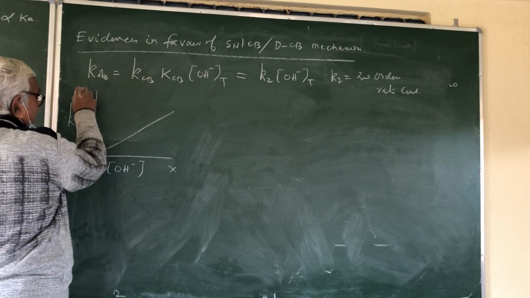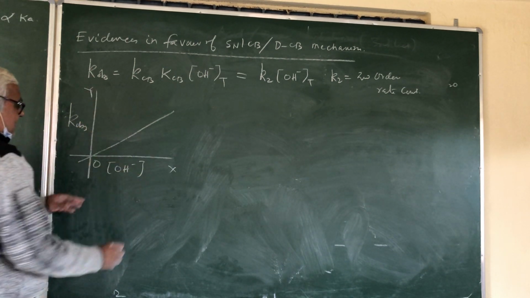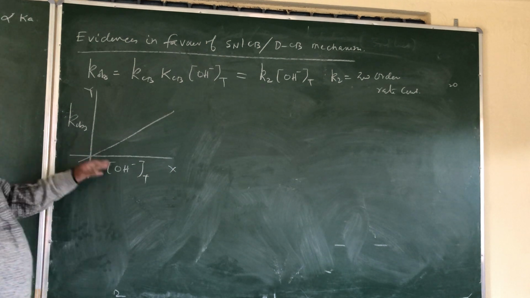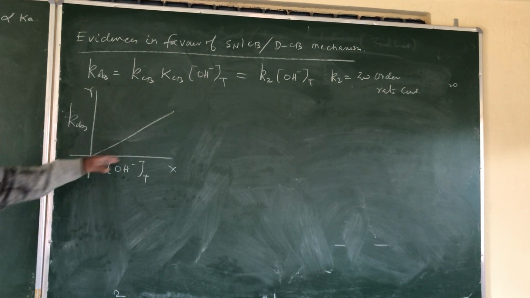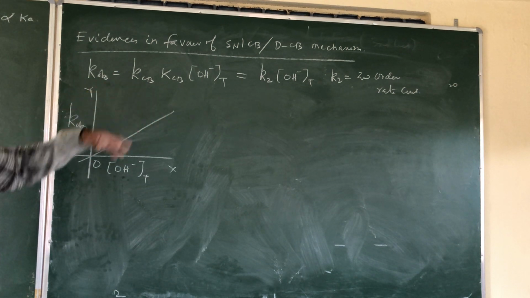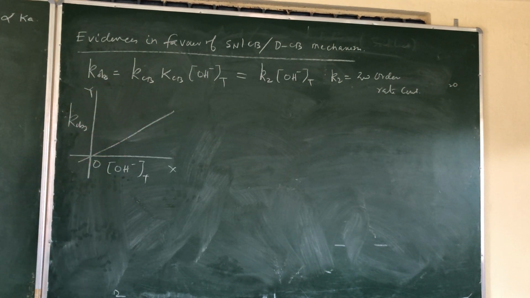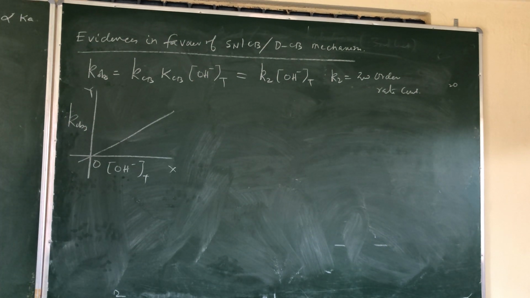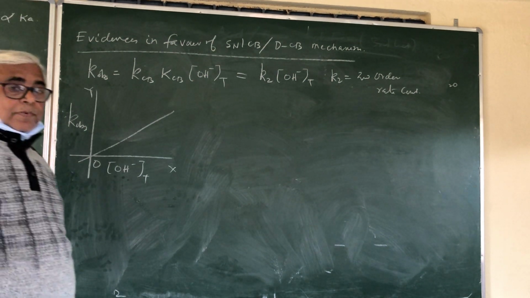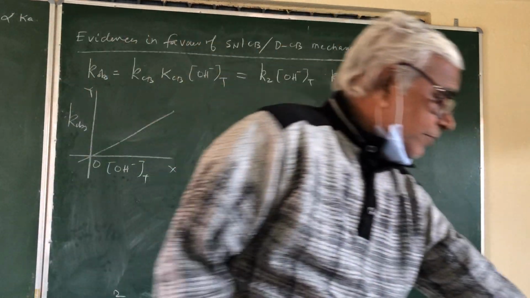When K observed is plotted against hydroxide, that means at different hydroxide concentrations you have to calculate K observed, then you should get a straight line, because this is of the form y is equal to mx. In the absence of NH proton, conjugate base formation is not possible. Therefore, K observed versus hydroxide plot should be linear.